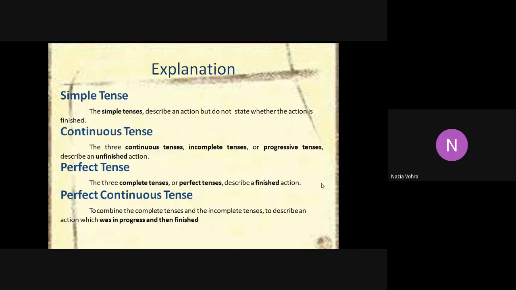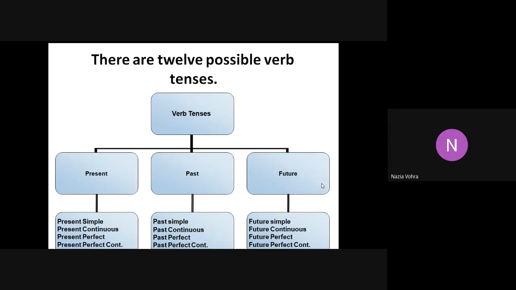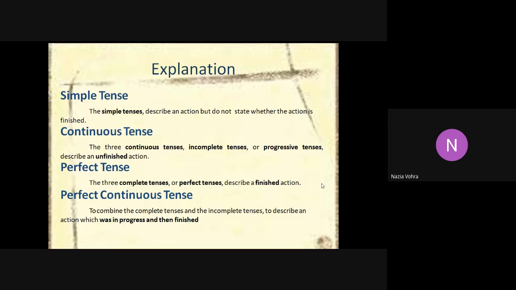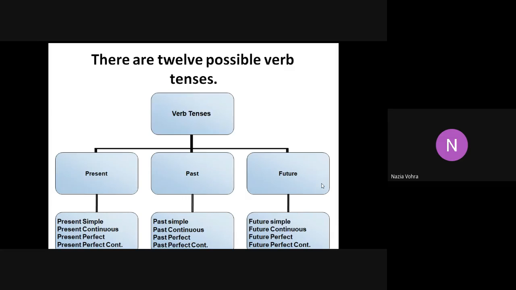We'll see the table which will give you more clarification. Yes, ma'am. For your easier explanation, there are 12 possible verb tenses. If you want to make this chart, you can make this chart. I will be sending you the PPT, so don't worry.